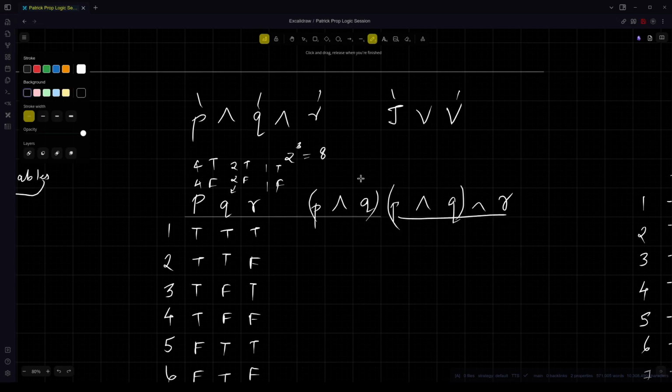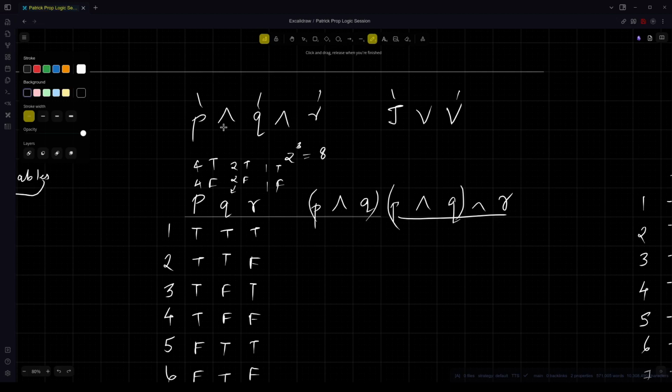Because see, this is one formula. Okay, so we need to add the brackets to make it a well-formed formula, right? Even without the brackets, it's a well-formed formula because this is a conjunction.